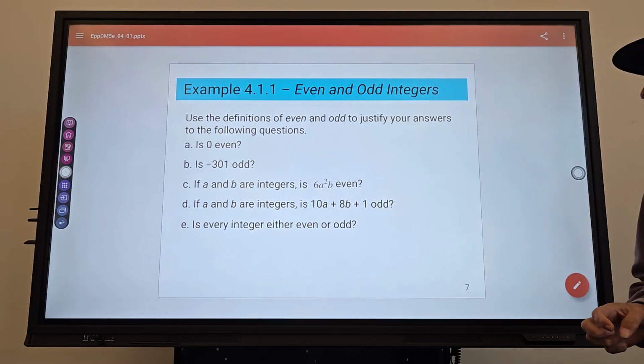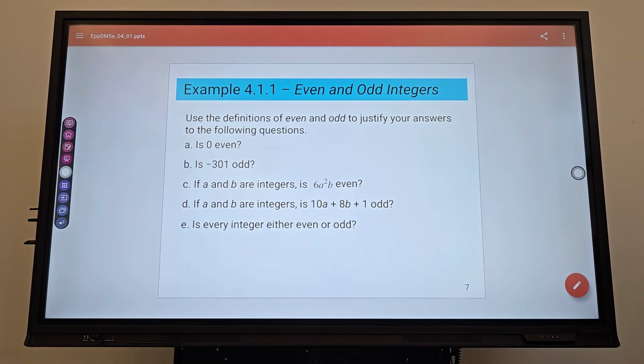If a and b are integers, is 6a squared b even? Now, so you're thinking on this. What's the definition of even? If it's even, then the number equals 2k for some integer k.